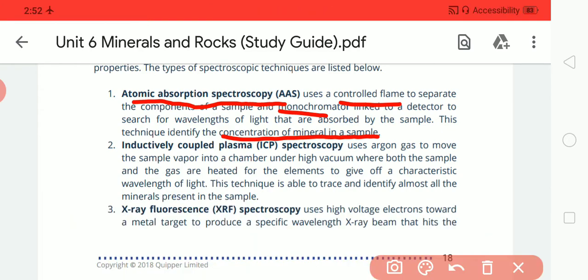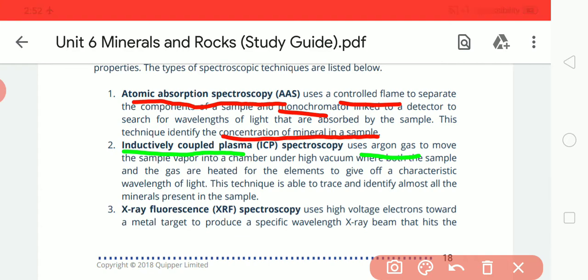Now the inductively coupled plasma spectroscopy uses argon gas to move the sample vapor into a chamber under high vacuum, where both the sample and the gas are heated for the elements to give off a characteristic wavelength of light.